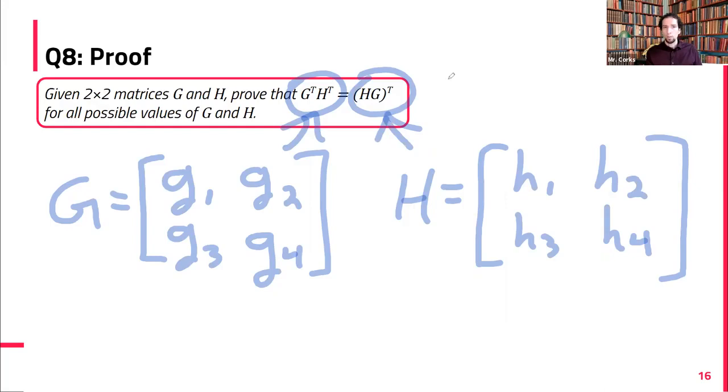And then let's do the other one. Let's do H times G, then take the transpose of that, and then compare the two. Are they the same or are they different? It turns out that they are the same. And yes, this is actually a rule about matrix operations. That's true. Some people try to do this by treating the T like an exponent.